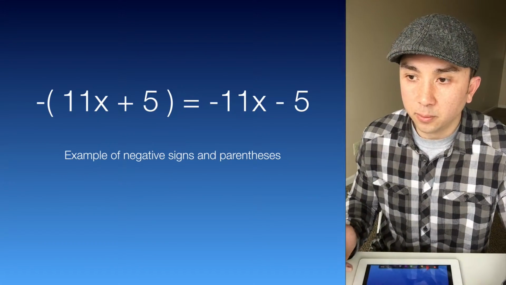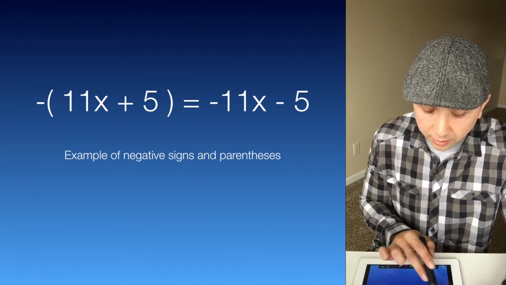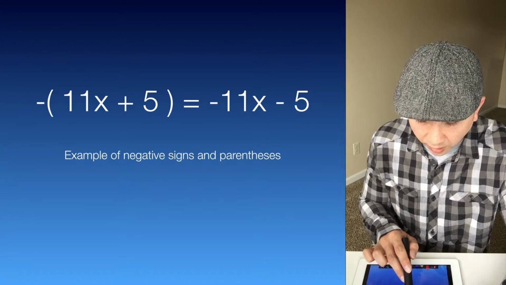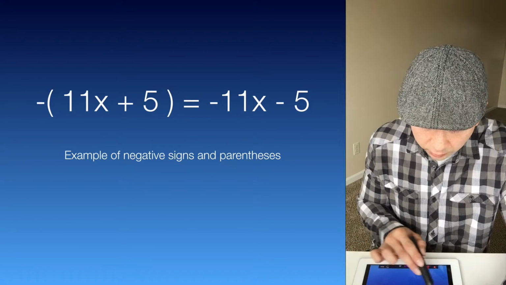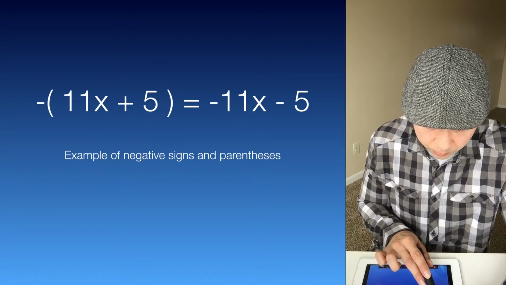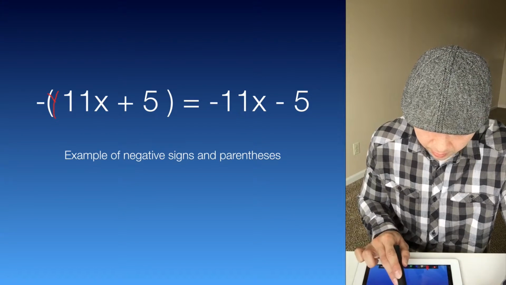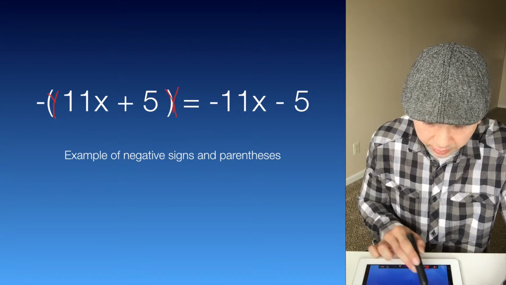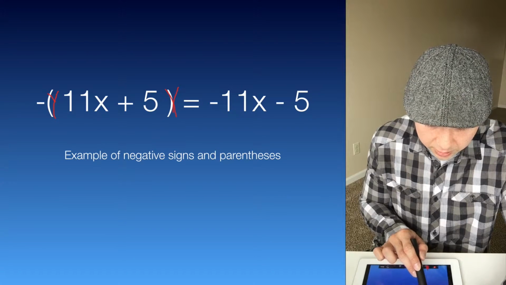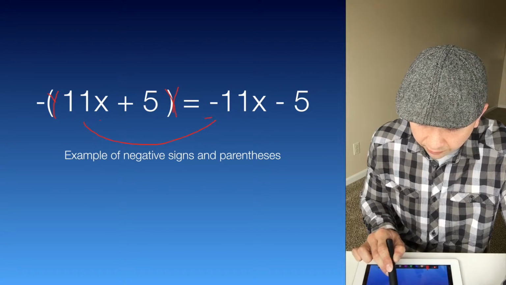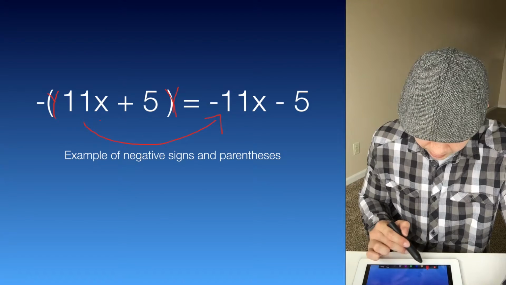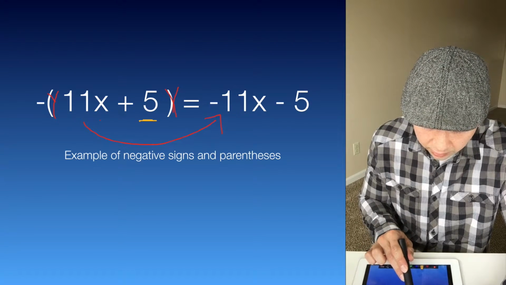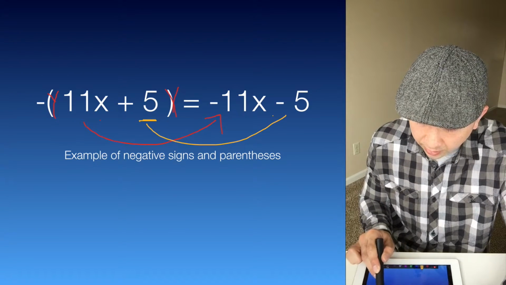So for example, if we have negative (11x plus 5), well, all we do is remove these parentheses and then change the sign. So if we have positive 11x, we're going to have negative 11x. And then if we have positive 5, we're going to have negative 5.